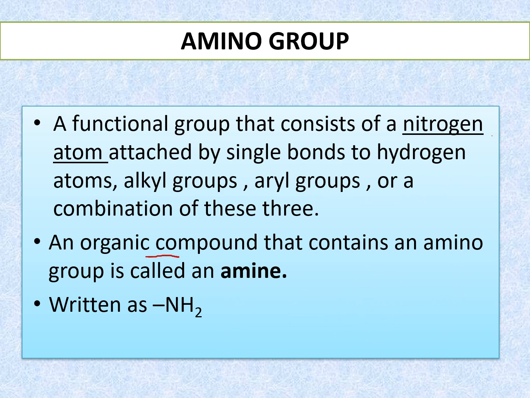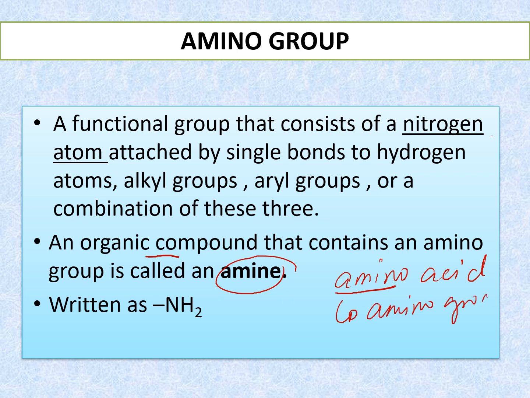Any organic compound that contains an amino group in its structure is known as an amine. So basically, your amino acid is an amine compound because it contains a specific amino group in its molecular structure. That's why it is known as your amino acid. Amino means it contains an amino group in its structure, and the acid is usually to denote that it contains a carboxyl group.